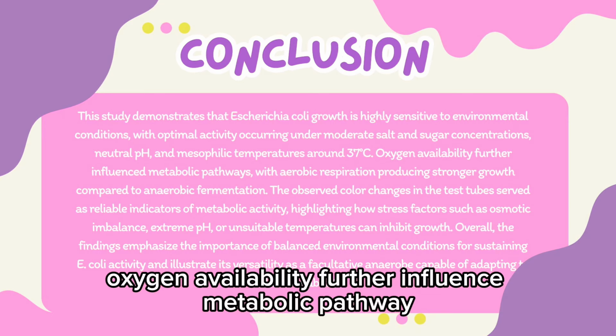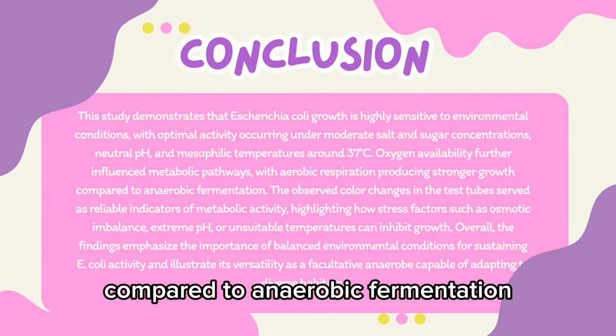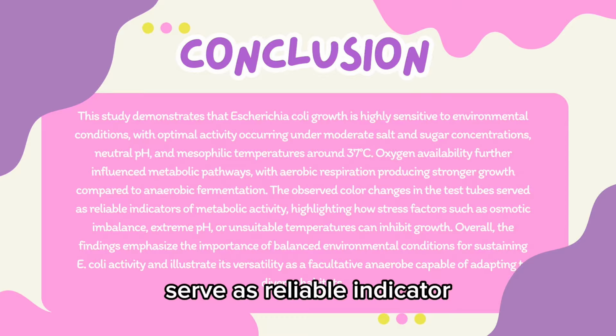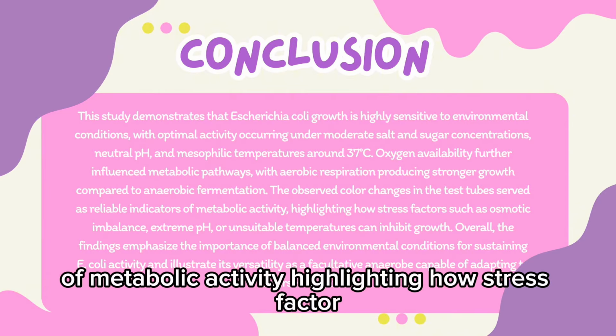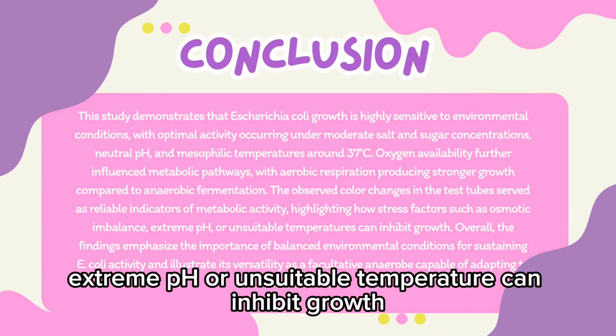Oxygen availability further influences metabolic pathway, with aerobic respiration producing stronger growth compared to anaerobic fermentation. The observed color change in the test tube serves as a reliable indicator of metabolic activity, highlighting how stress factors such as osmotic imbalance, extreme pH, or unsuitable temperature can inhibit growth.